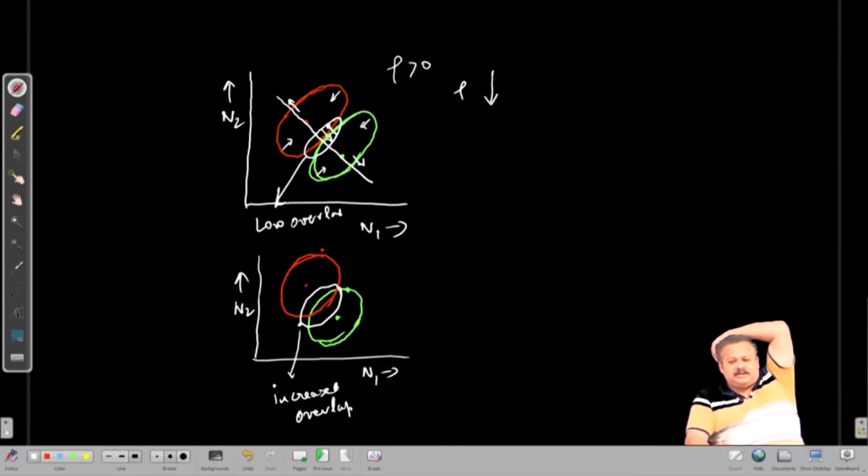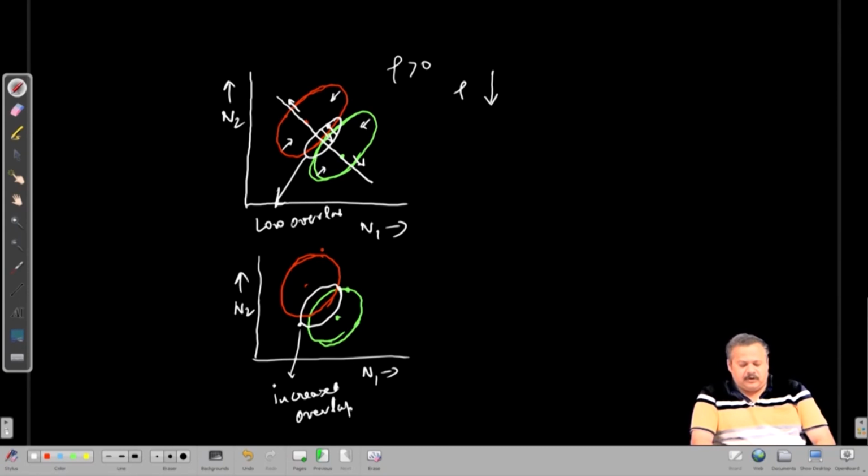And hence the decodability of responses of neuron 1 and neuron 2 as a pair is reducing, because now we have more confusion in terms of decoding S1 and S2, or finding out which stimulus was played based on pairs of responses N1 and N2.